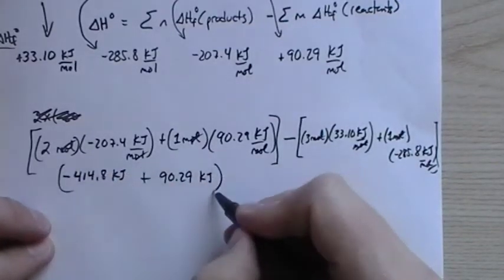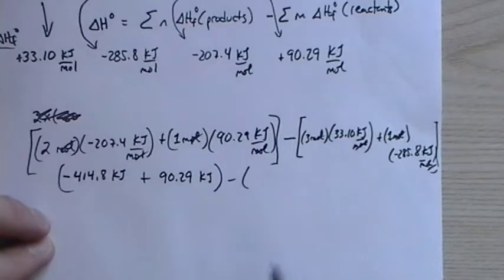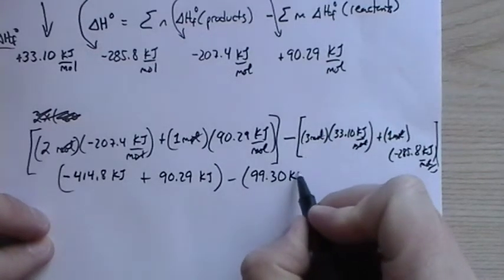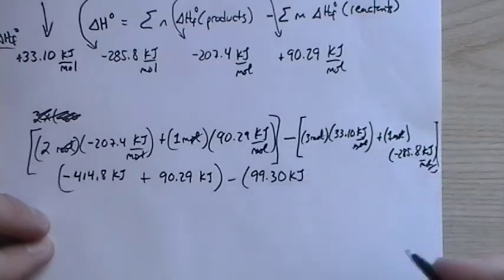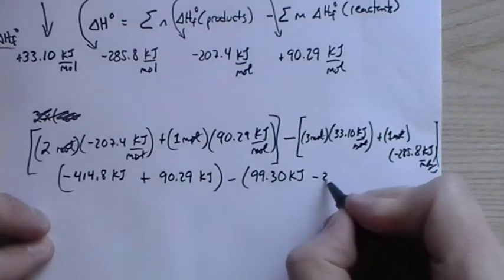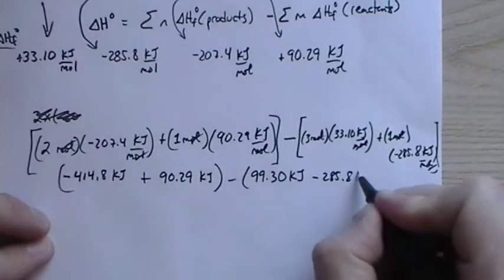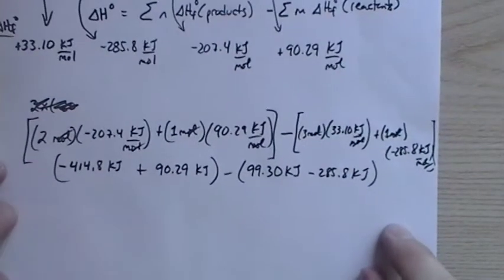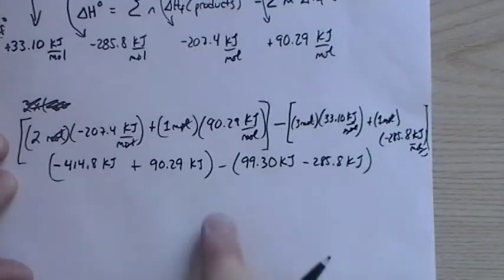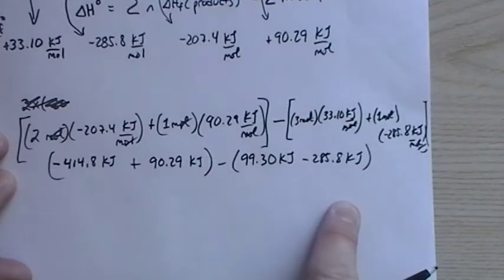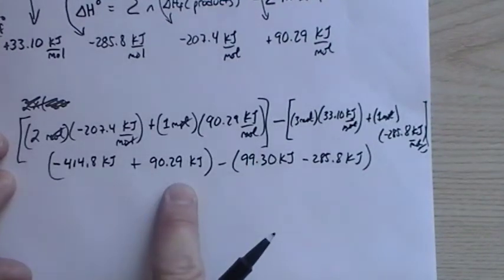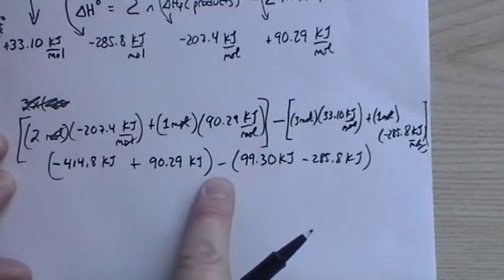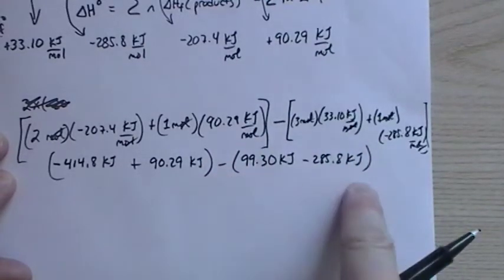But whether it helps or not, you have to do the calculation. 3, so this is going to be 99.30 kilojoules, I think. And then minus 285.8 kilojoules. All right, everything looks good. And you can see that if I've forgotten to put in the parentheses here at the end, I guess there should be brackets, but if I hadn't grouped all of these together, then it'd look like minus 99 minus 285.